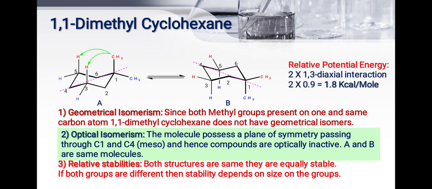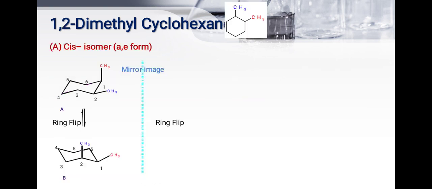For the relative potential energy, two 1,3-diaxial interactions are there, which occur between one methyl group and two hydrogens. See the green mark. The energy for a 1,3-diaxial interaction is 0.9. Here two interactions are there, 2 into 0.9 is equal to 1.8 kilocalorie per mole.